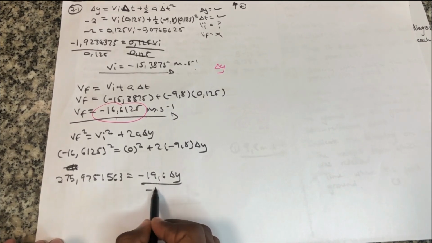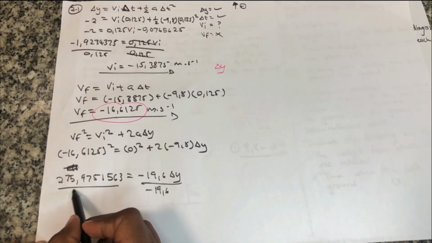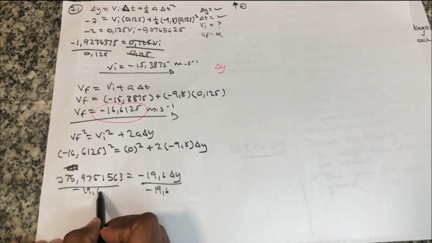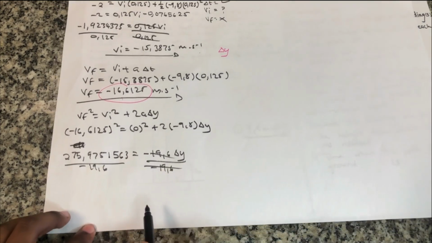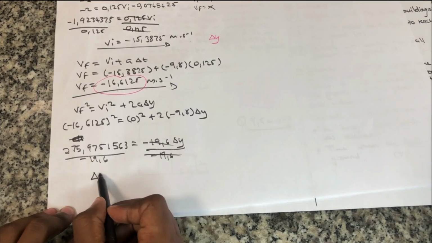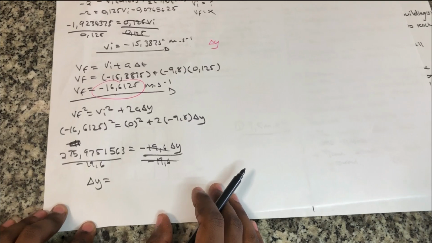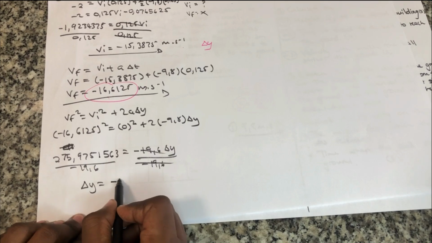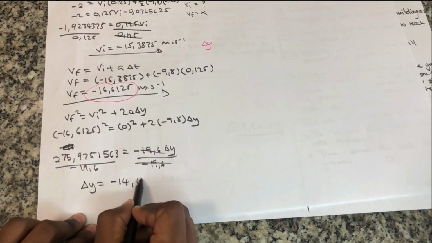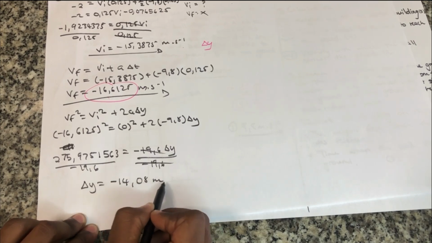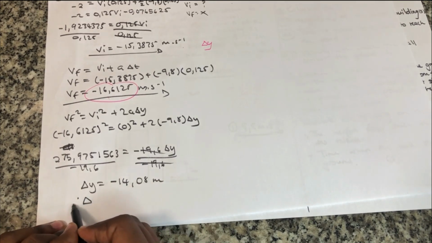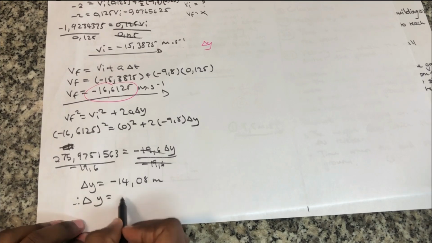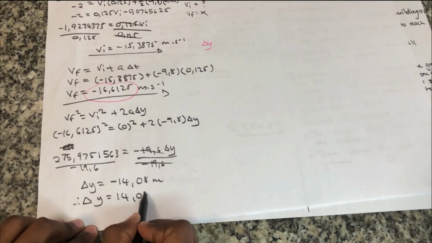Let's divide by negative 19.6, and our change in y will be equal to negative 14.08 meters. And therefore we can't leave it as negative, so it's going to be 14.08 meters.